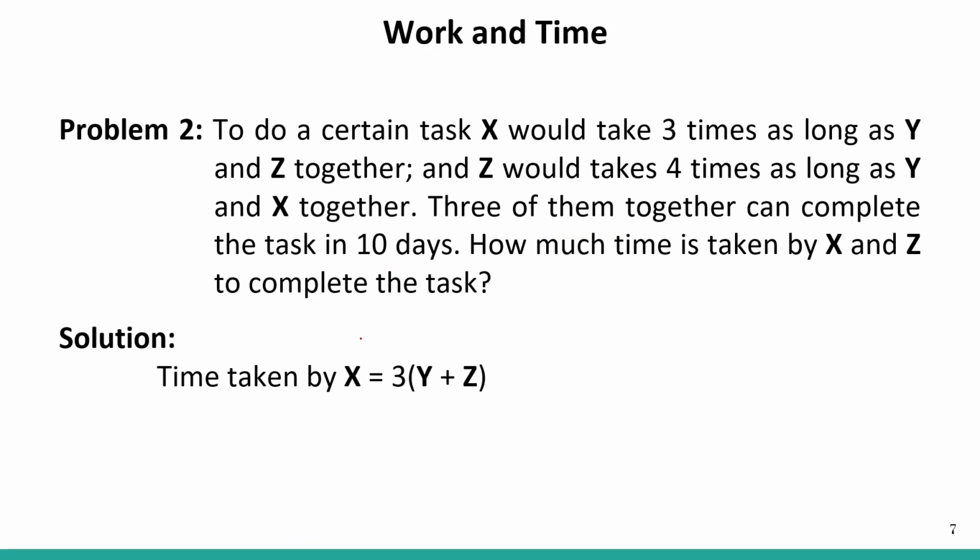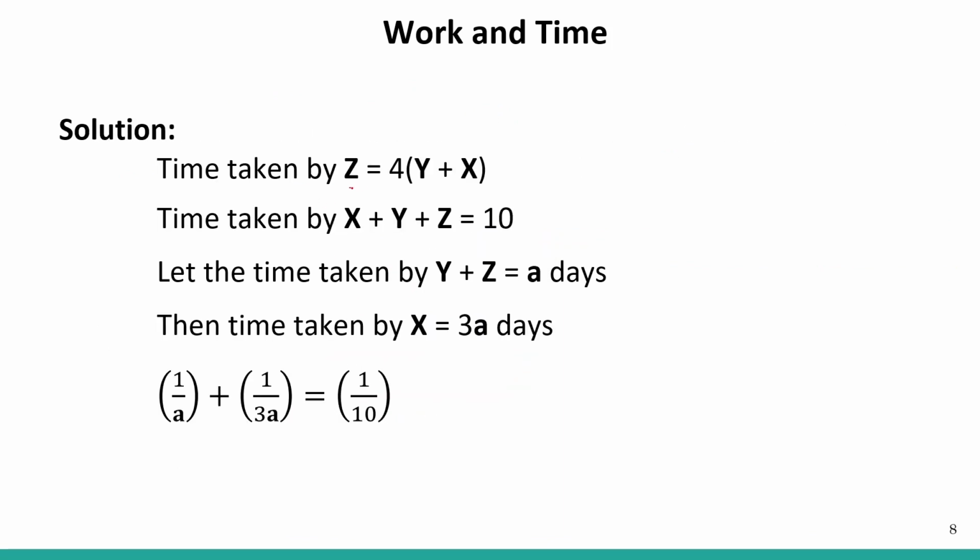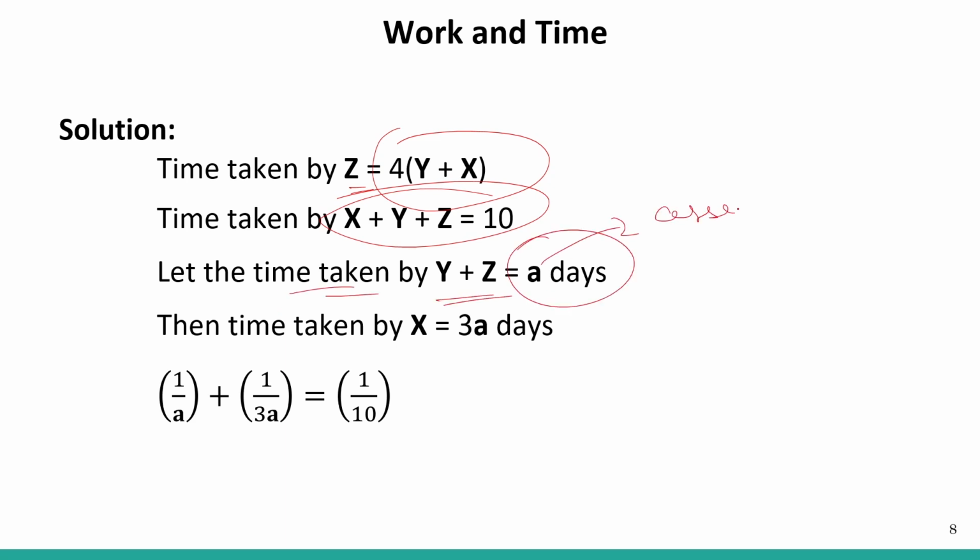So time taken by X is equal to 3 into (Y plus Z), time taken by Z is equal to 4 into (Y plus X), and time taken by X plus Y plus Z is equal to 10. This is given. So let the time taken by Y plus Z be A days, where A is an assumption. Then time taken by X is equal to 3A days, because it is 3 times that.